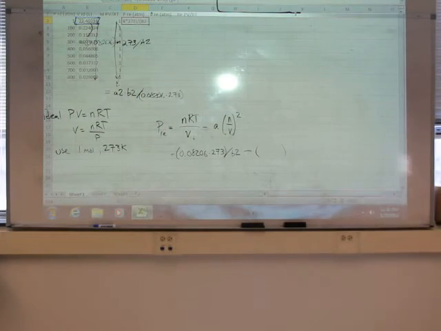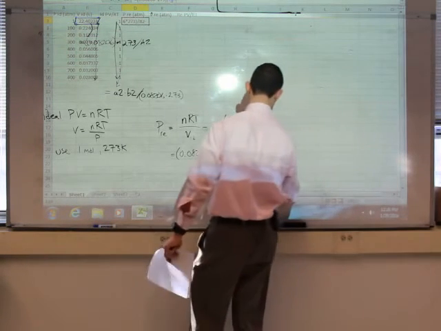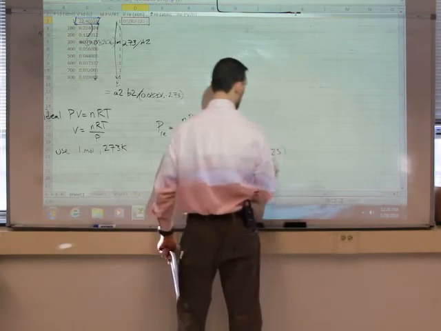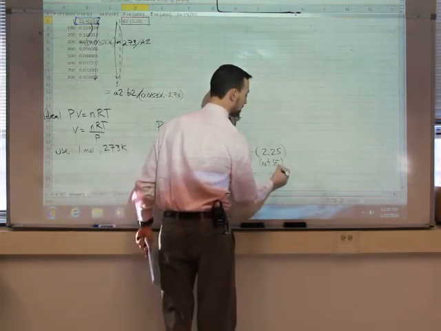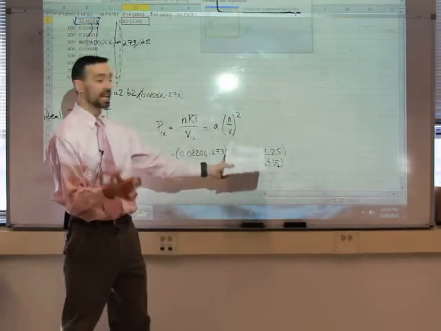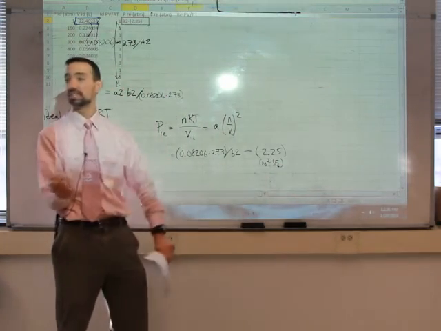Let me pick one from a different gas. It is in your textbook. It's not in this different textbook that I'm looking at here. 2.25 is listed for one other gas, but this is not actually SF6. Sorry. But that's what you'll do. You'll put the A value that you have right there.